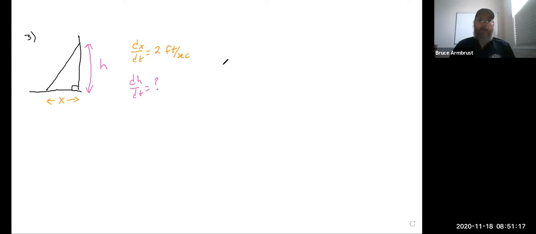And it's pretty clear from this, I want to use the Pythagorean theorem because I know that x squared plus h squared is going to equal the hypotenuse squared. And that we actually know. That was a 15 feet long ladder, right? It's 15 feet. So we're going to have 15 squared. So if you square out 15, you get 225.